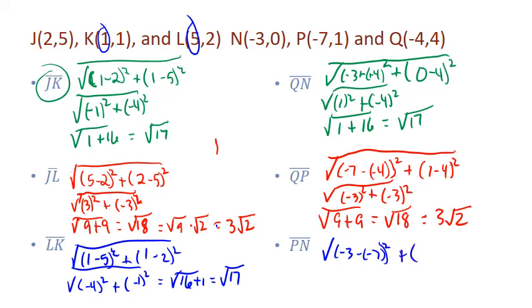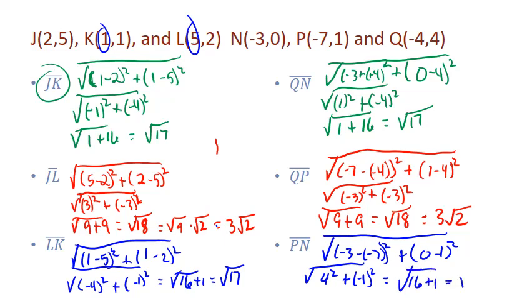Plus 0 minus 1 squared, square root of all that mess. So let's see, negative 3 minus negative 7, so that's negative 3 plus 7, so that's going to be 4 squared, plus 0 minus 1 is negative 1 squared, and 4 squared is 16, negative 1 squared is 1, and we've got the square root of 17.